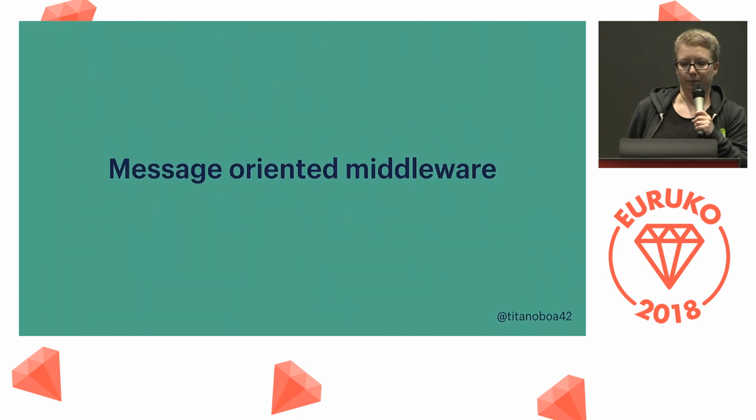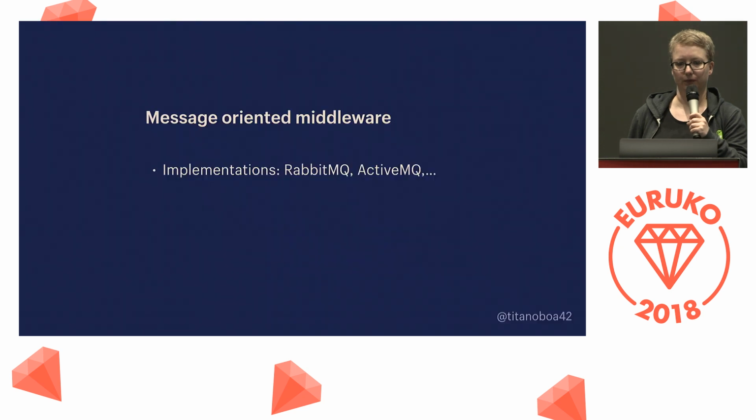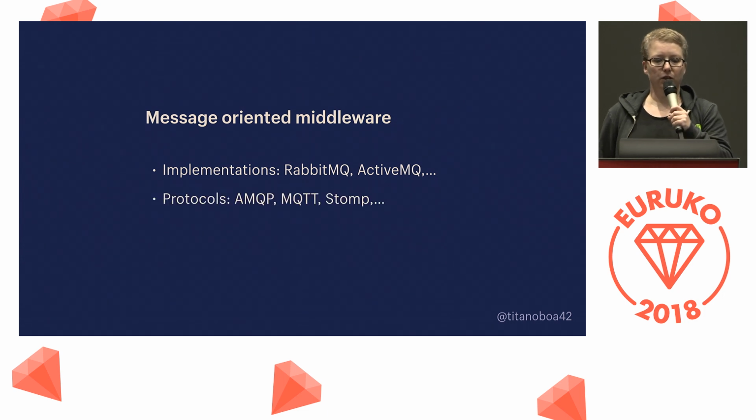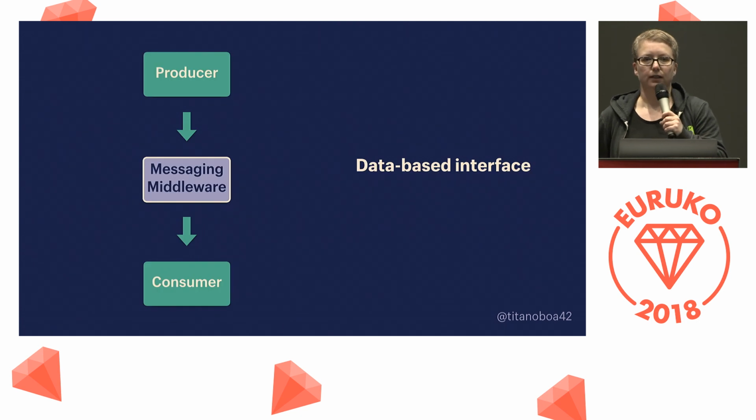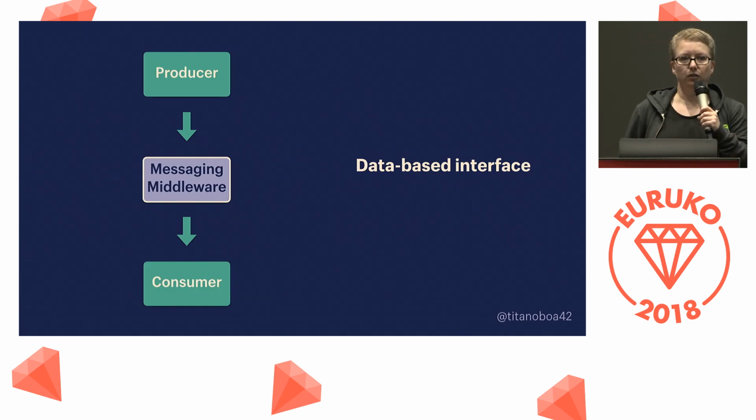Message-oriented middleware is different. It facilitates communication between different services. A very widely used implementation is RabbitMQ, and protocols spoken by message-oriented middleware include AMQP and MQTT, but there is some others as well. This kind of middleware is also working based on task queues.